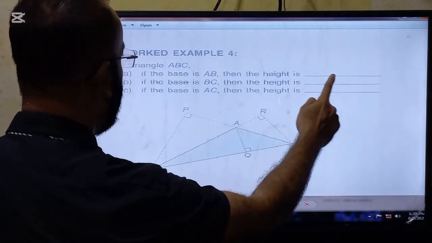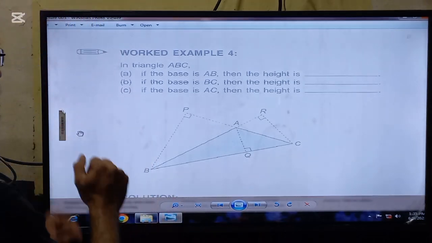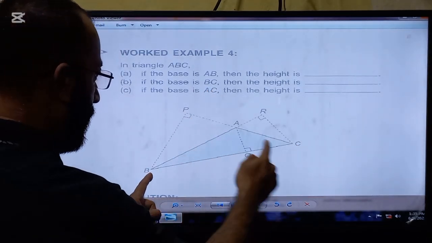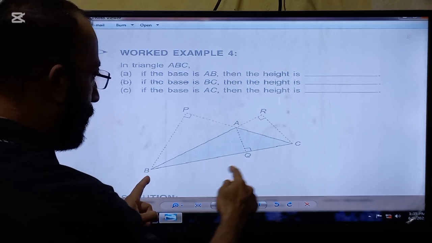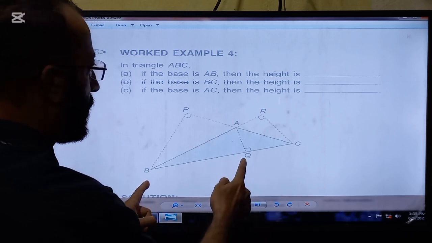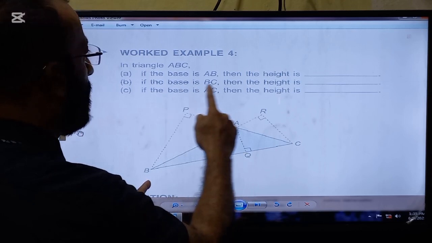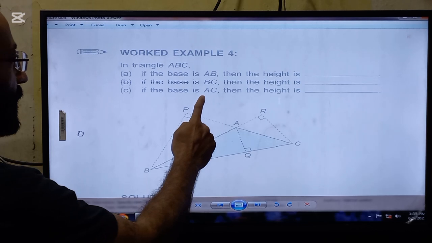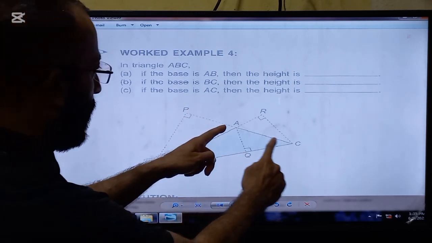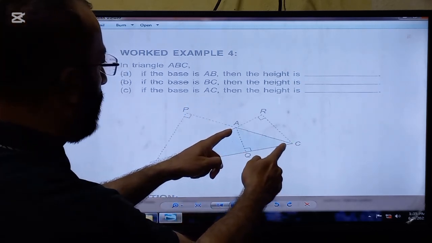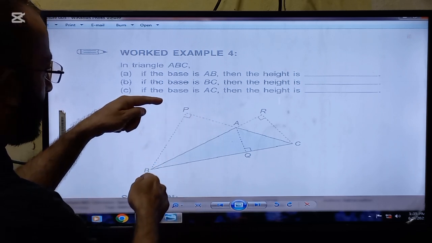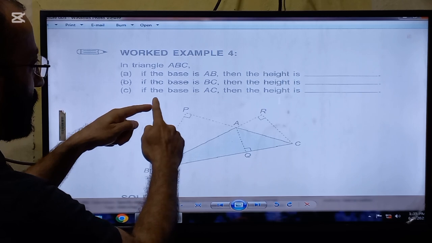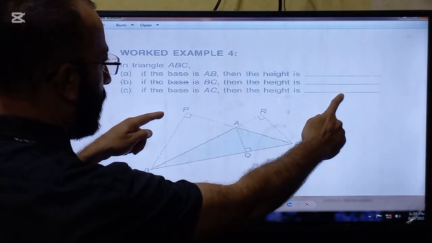So the answer of A part is CR. In B part, if the base is BC, this is the side which is perpendicular to BC, that is AQ, the height of BC. So the B part answer is AQ. C part, if the base is AC, the side AC will be extended. This is the side which is perpendicular to AC. So BP is the height of AC. So the answer is BP.